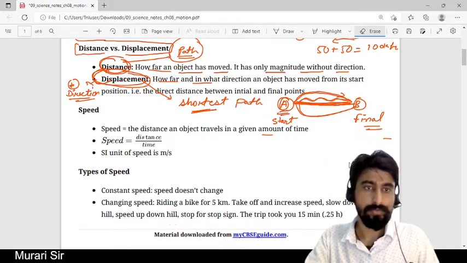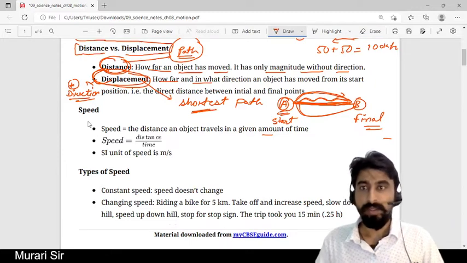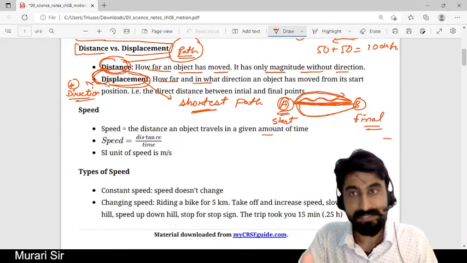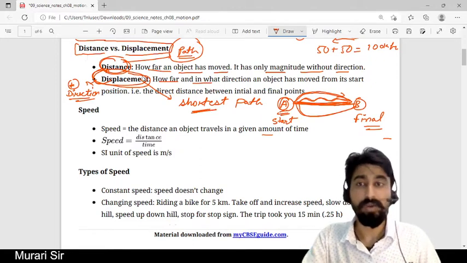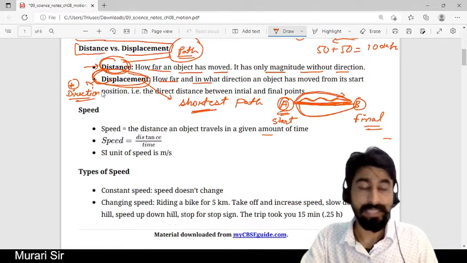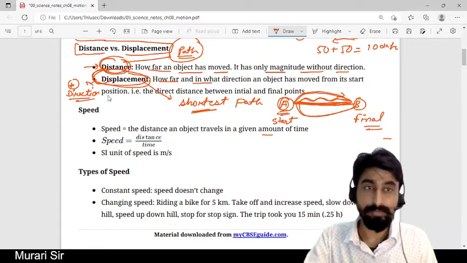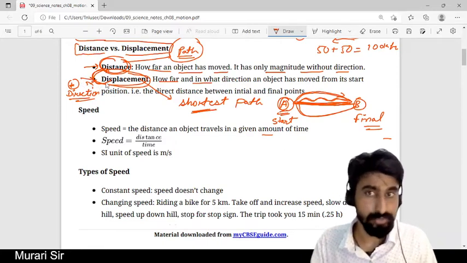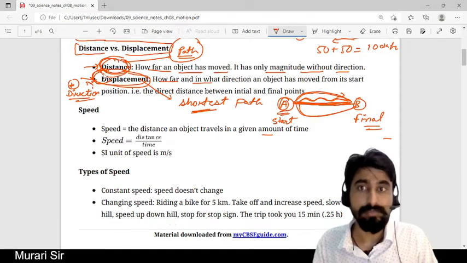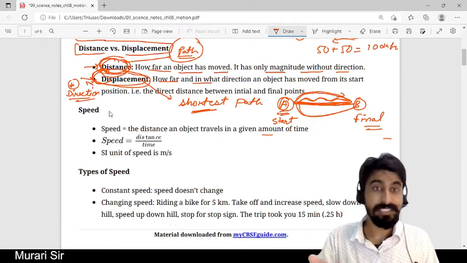Okay, so now we have understood distance, we have understood displacement. Repeating it one more time: distance is the actual path traveled between initial and final position. Displacement is the shortest distance between initial and final position. Now, when a person moves, obviously there is a change in distance.